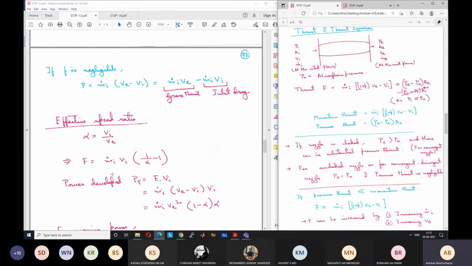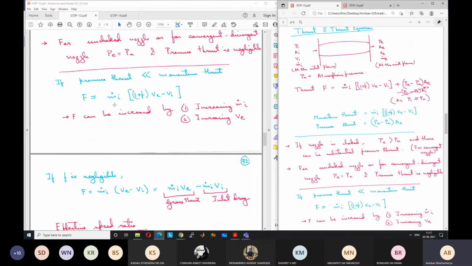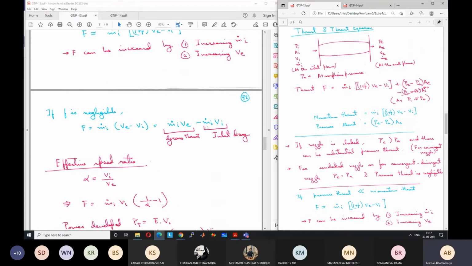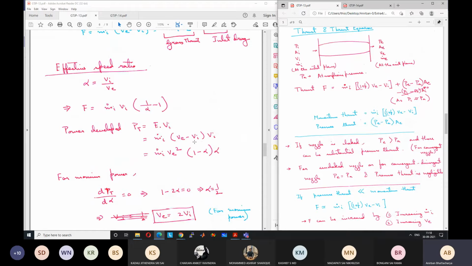This is just for the simplistic case, to analyze this. But when we are solving actual problems, we need to go for the actual values, including the mass flow rate of fuel. We should not ignore that, because that will result in around 2% inaccuracy if we ignore the fuel flow rate.